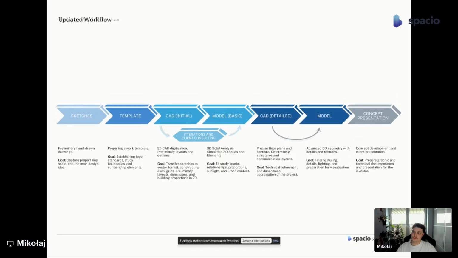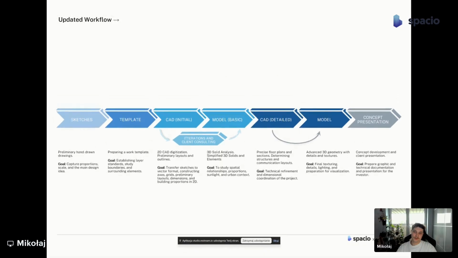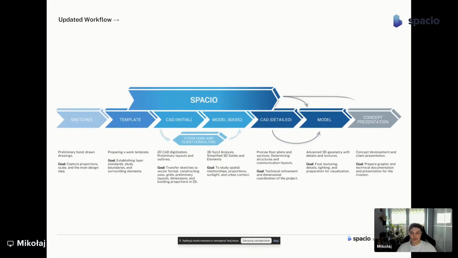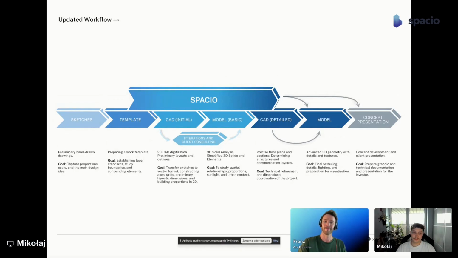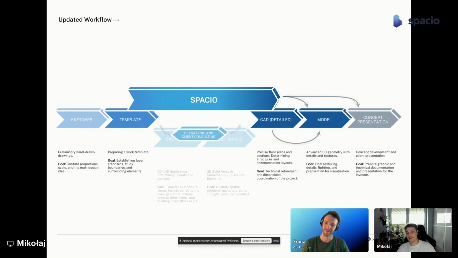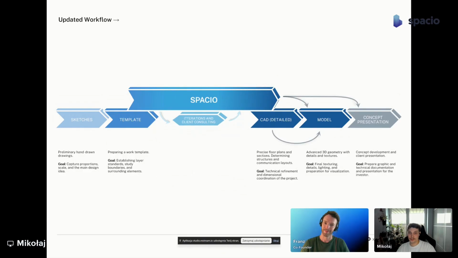The way we use Spacio is to create a bridge between the template stage and the detailed CAD stage. So we were able to eliminate somewhat this initial CAD and modeling stage and do all of our iterations inside Spacio.